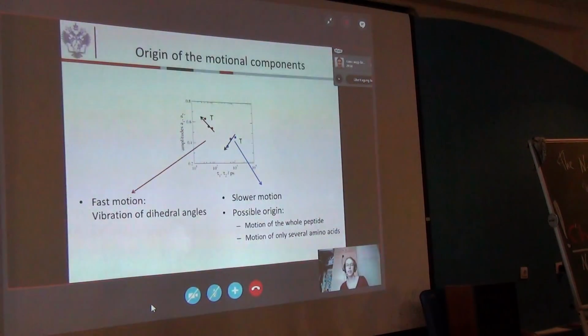In principle, it can be that the whole peptide motion, like a folding, unfolding type of motion, is responsible for the slower motion, or that it is only a motion of several amino acids that leads to this slower component. And now the question is, what is true here?